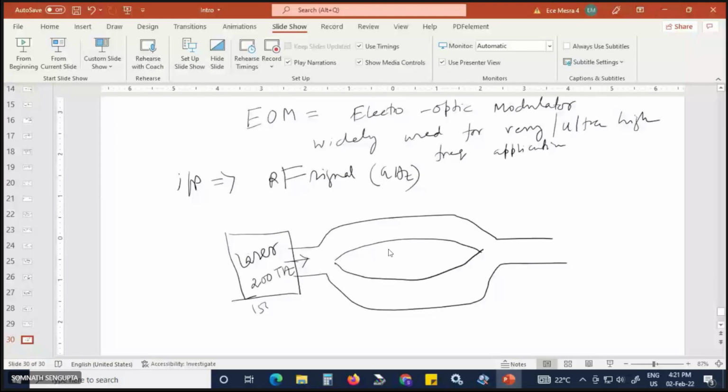Now here we connect some electrodes, where we connect the RF signal.